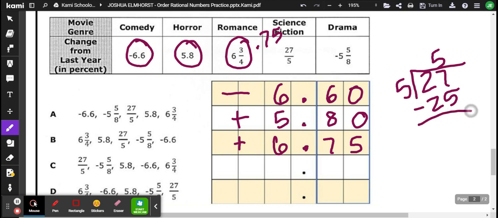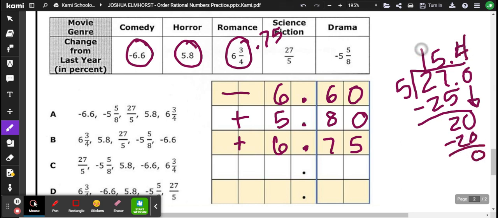5 times 5 is 25. There's 2 left over. We're going to continue dividing. Do not stop with just a remainder. 5 goes into 20 4 times. This decimal terminated at 5.4. I'm going to put a 0 on there.